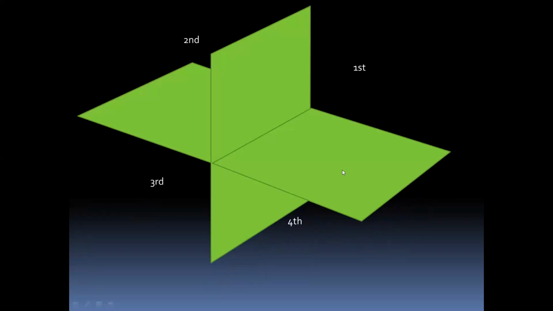That means if any object is given and you want to prepare the drawing of that object, you have to imagine that the three-dimensional object is lying in the first quadrant only. Then by imagination, we prepare the front view, top view and the side view. So just select the first quadrant for the first angle projection method. Here you can observe I have selected only the first quadrant. This is the vertical plane and this is the horizontal plane.